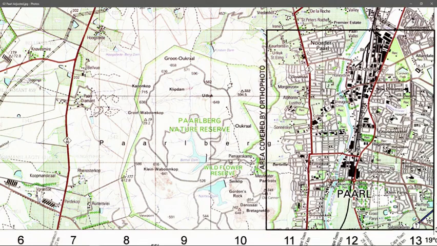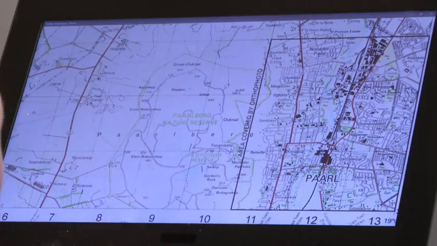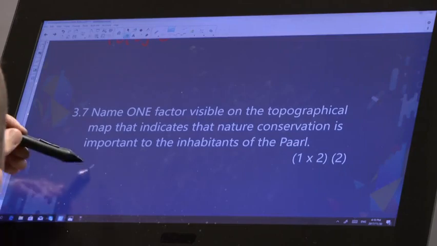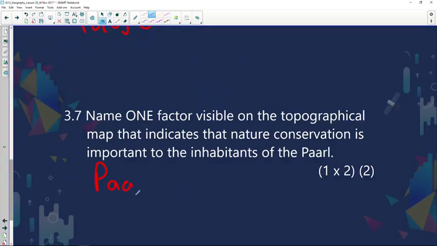There's the Paarlberg Nature Reserve and the Wildflower Reserve, because they protect the fauna and flora.